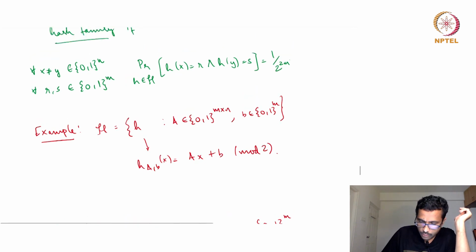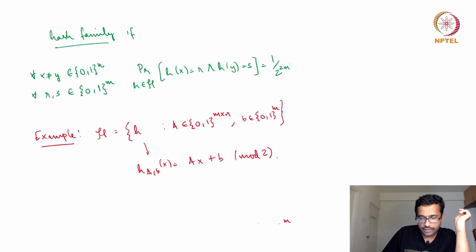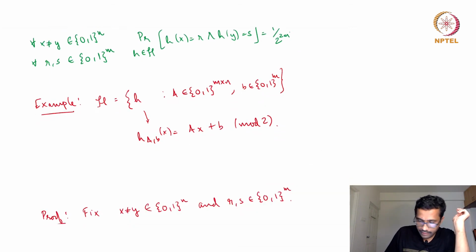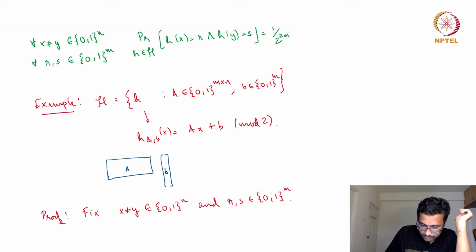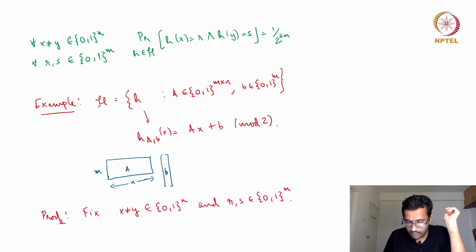So given two different x and y, we want h of x to be mapped to r and h of y to be mapped to s. So what we do is we have a matrix A and a vector B. A has m rows and n columns.